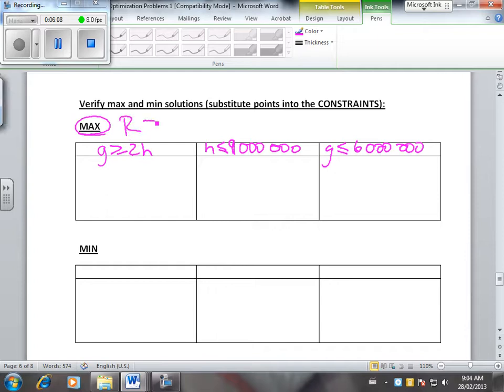Okay, so to get revenue equals 11,250,000, and this, we get this maximum using 3 million and 6 million. Remember that this is our H and our G.